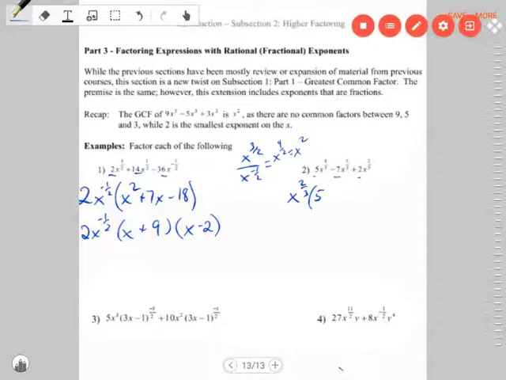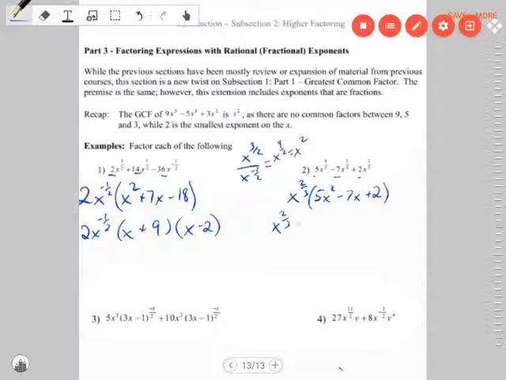So 8/3 minus 2/3 is 6/3, which is just squared. And then minus 7. 5/3 minus 2/3, that's just 3/3, which is x to the 1. And then plus 2.